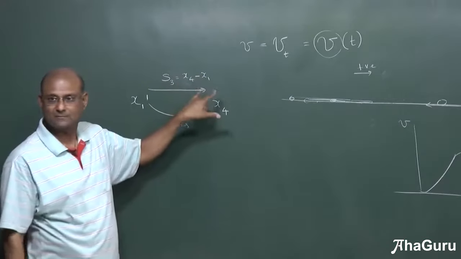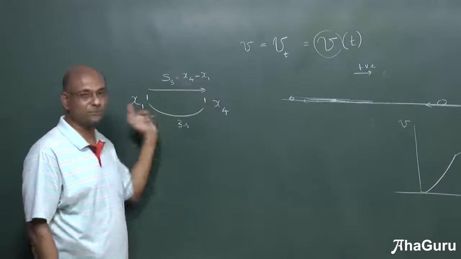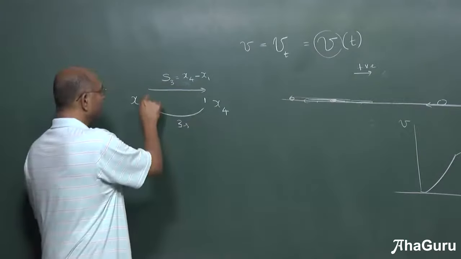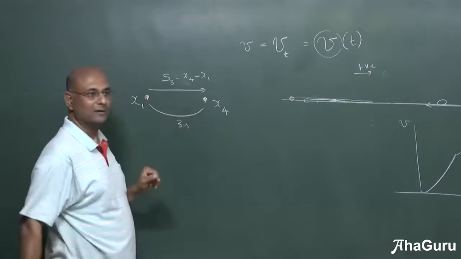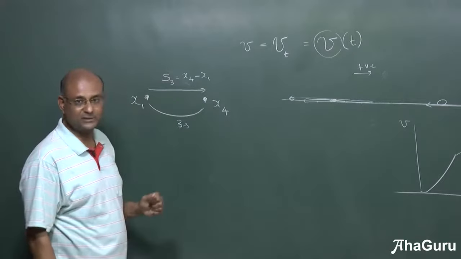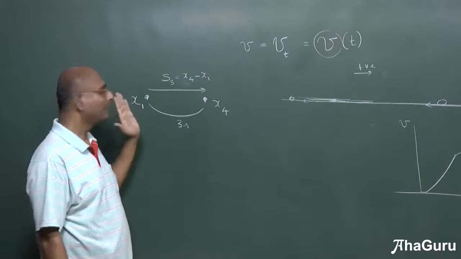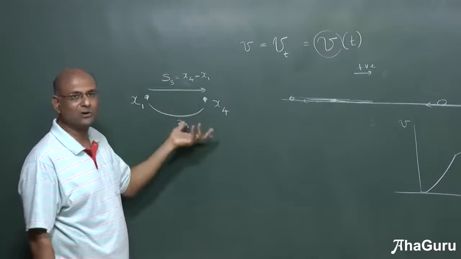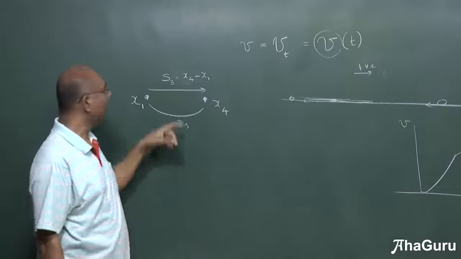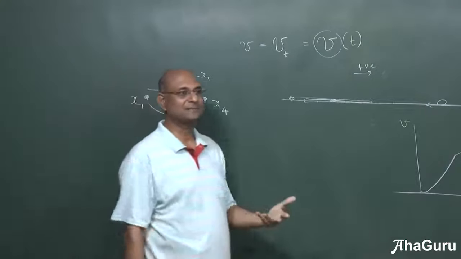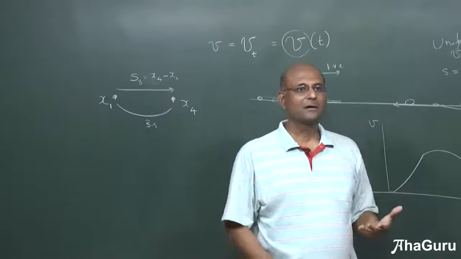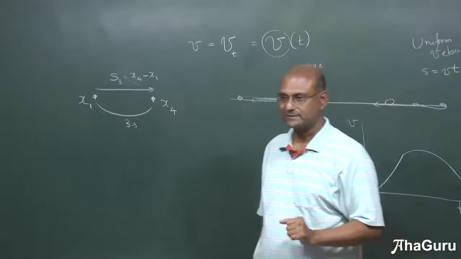Does that make sense? What is displacement? Change in position. So you move from this point to this point. How much did you have as change in position? x4 minus x1. What is that called? Displacement. Why am I calling it S3 instead of just calling it S? It was displacement for 3 seconds.